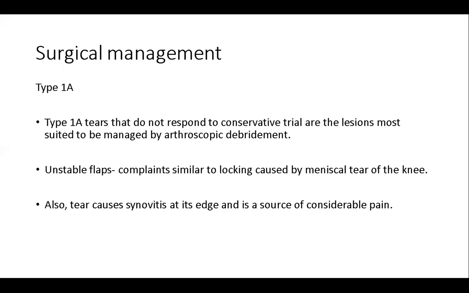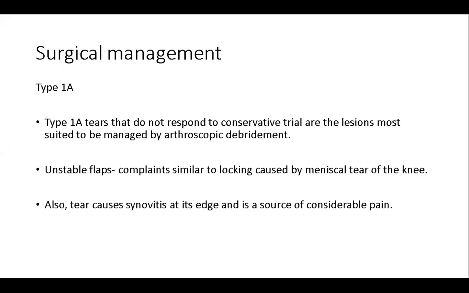Surgical management. Type 1A tears that do not respond to conservative trial are the lesions managed with arthroscopic debridement. They form unstable flaps and hence they have complaints similar to locking caused by a meniscal tear of the knee.